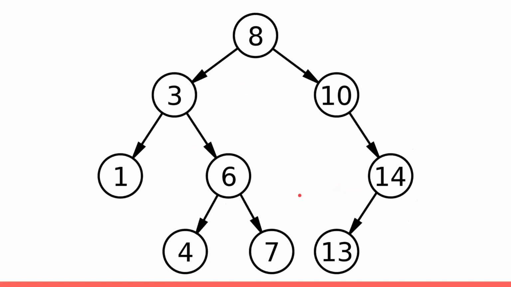Let's say we want to find, for example, 15. We will start with 8, go there, go there, and then here we understand that 15 does not exist. So if our next query is 15, we will go this path one more time. However, this is not what we want.